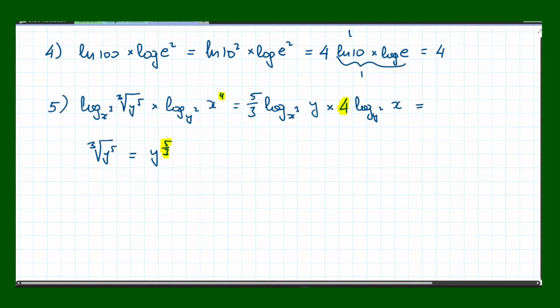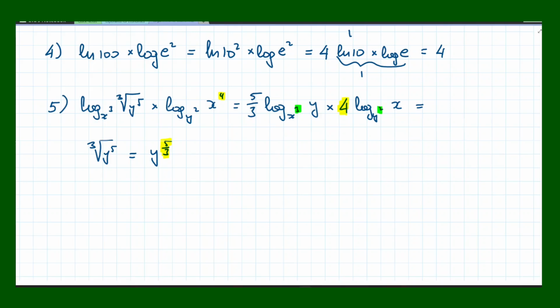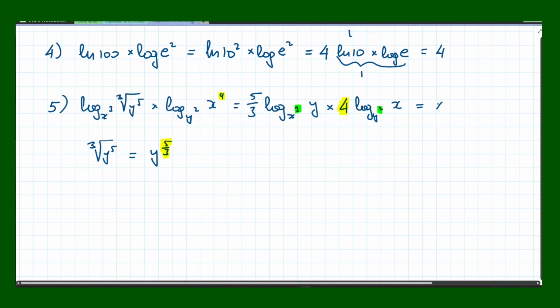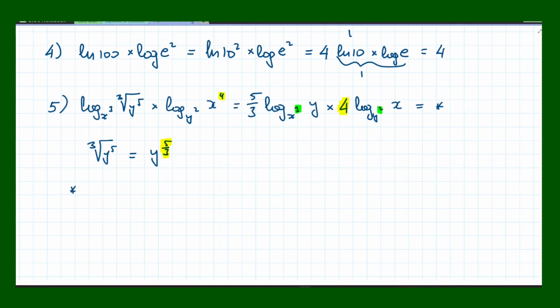And now, what we notice is that there are still exponents, but in the base. So we can use the rules from video 13 and bring those exponents from the base of the logarithm into 1 over multipliers. So let's carry on with the solution here at the bottom of the page so we have enough space.